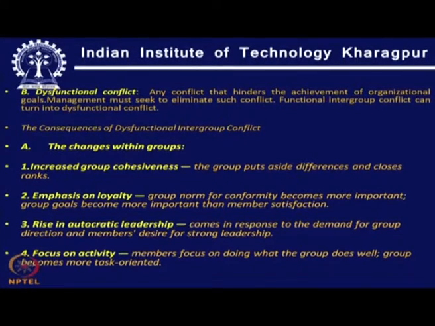The group puts aside the differences that were there amongst the members and tries to maintain solidarity within the group, so that as a unit they can stand against the attacks or threats given by the other group. So, intergroup conflict leads first to increased group cohesiveness when you are talking of changes within the groups.